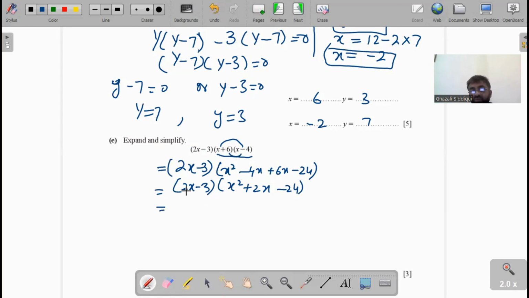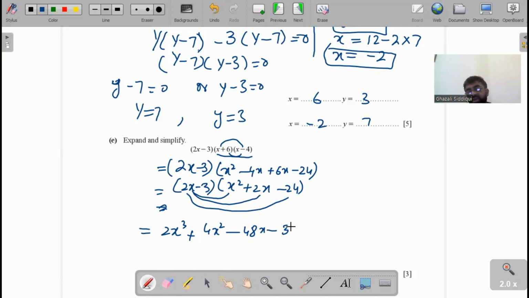Next, we multiply 2x into x squared plus 2x minus 24, we get 2x cubed plus 4x squared minus 48x. Then we multiply minus 3 with x squared plus 2x minus 24.